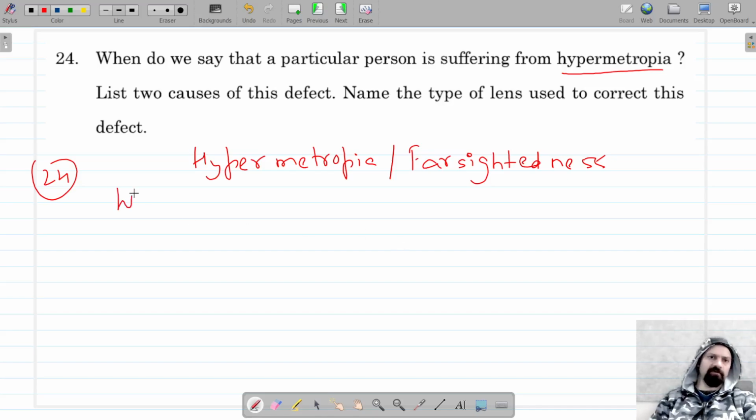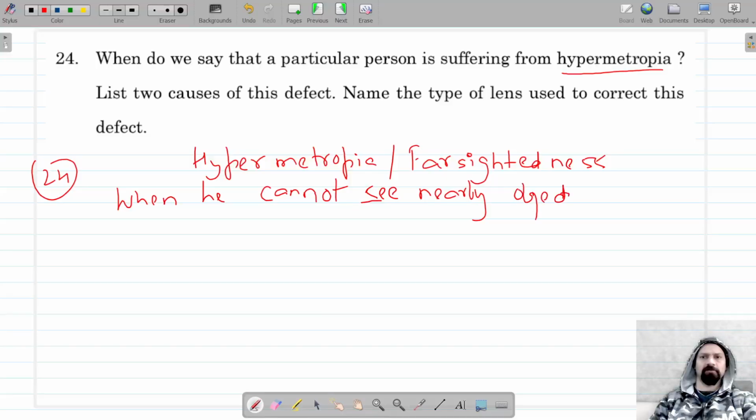So I can write the answer for this will be when he cannot see nearby objects distinctly. Distinctly means he can see them, but not distinctly.